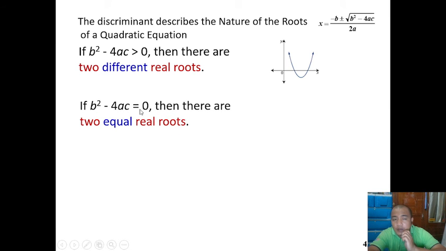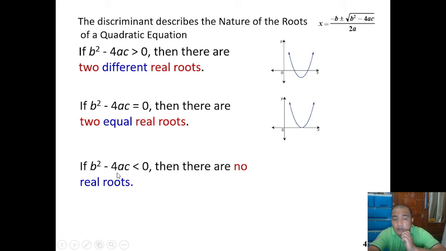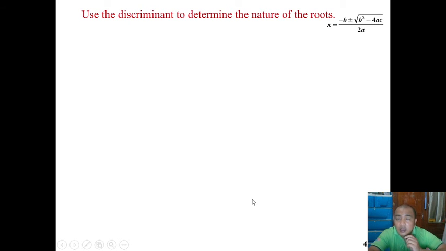If b squared minus 4ac equals 0, then there are 2 equal roots and it touches the x-axis only once. If b squared minus 4ac is less than 0, or negative, then there are no real roots. It will never touch the x-axis. Okay.